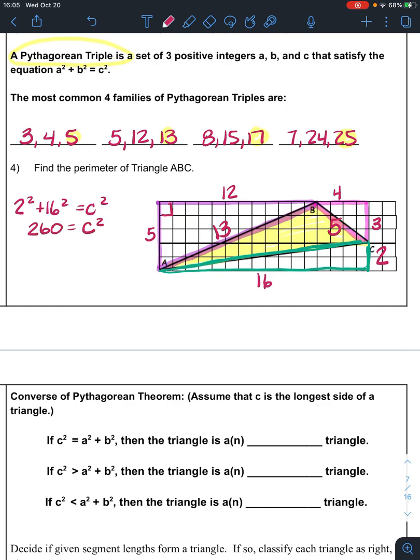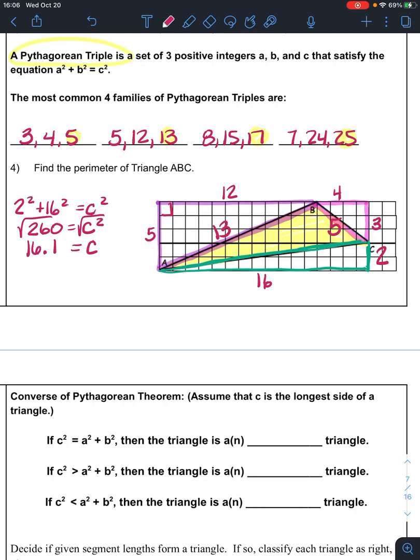And then I want to take the square root of both sides to clear out that square. So I'm left with c is equal to 16.1. We'll just round to the nearest tenth. And that finds that green side, but I asked for the perimeter of the triangle, which is the sum of all the sides.